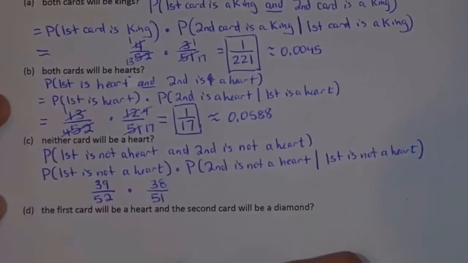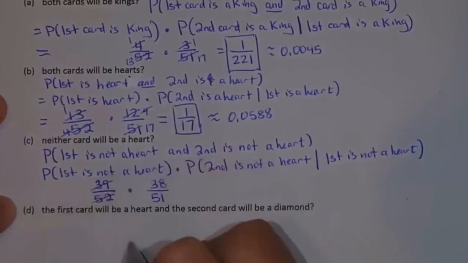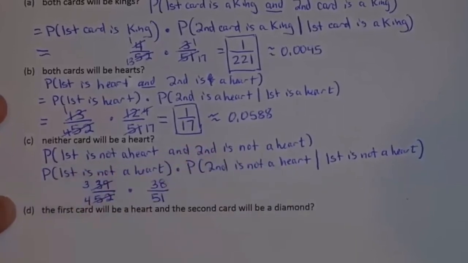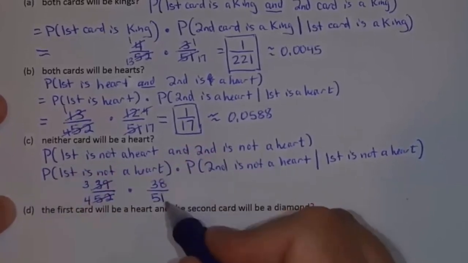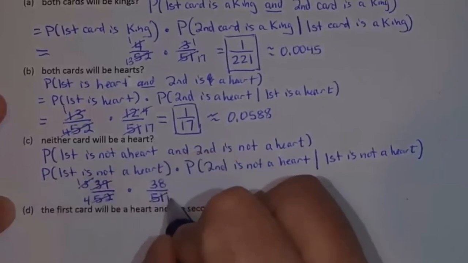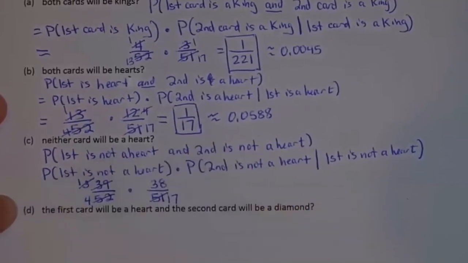So now I can cancel a little bit. Let's see, the 39 and the 52 can reduce to 3/4 because both are divisible by 13. 38 and 51 will not reduce, but I can cancel the 3 with 51. 3 goes into 51 17 times, so that's going to leave 1 up here, 17 down here. And I can't cancel out 4, but I can cancel a 2 out of the 4 and the 38.